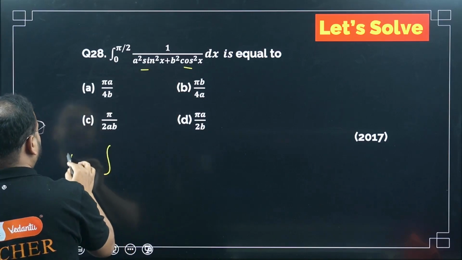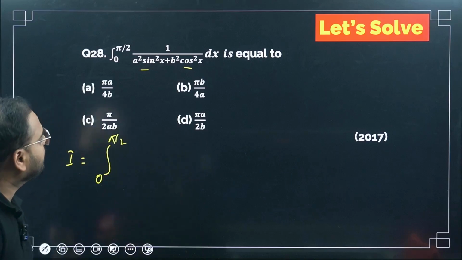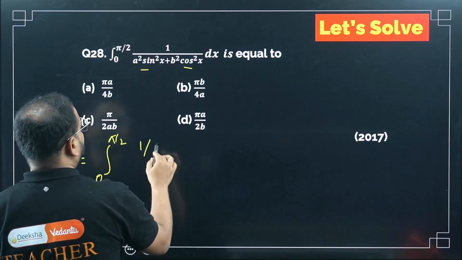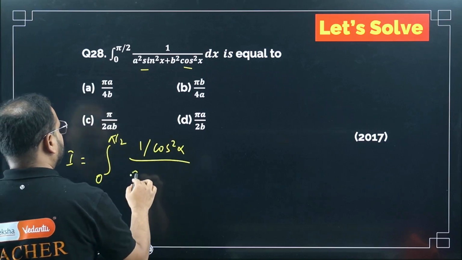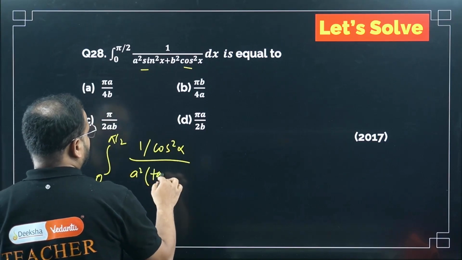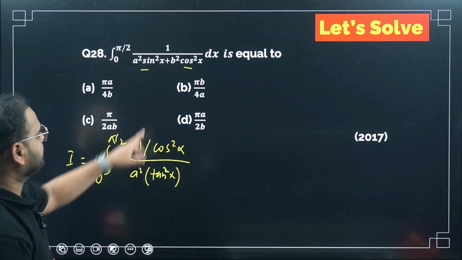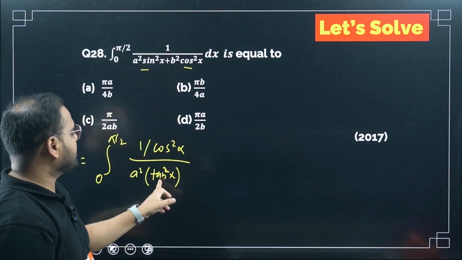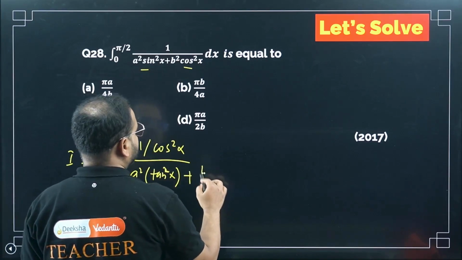So I can write this as integration I equals 0 to pi by 2, divided by cos square x. I get 1 upon cos square x in the numerator. And over here what am I going to get? A square tan square x. How come, sir? Please check. Sin square x by cos square x will be tan square x, and plus, how much is that? Simply, sir, b square.